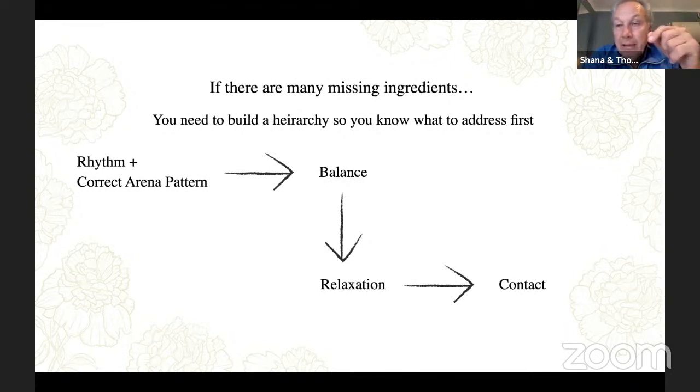And when the horse is balanced, he can relax the outer muscles, or he can use these outer muscles for movement, the hind leg muscles, front leg muscles, and so on. And the inner core muscles provide stability and posture. And then when the horse is balanced, he can relax. So he can drop the poll, he can lift the back, and so on.